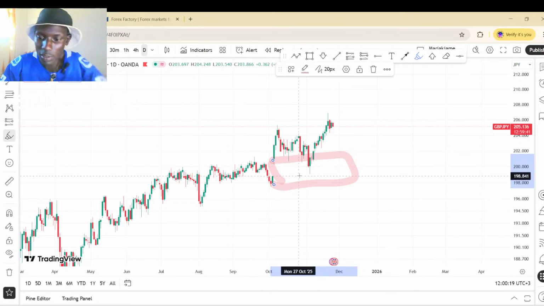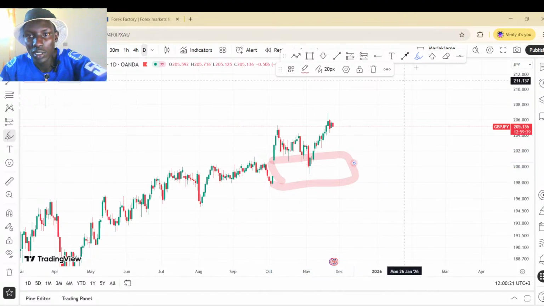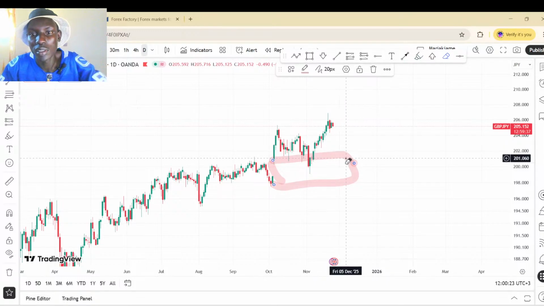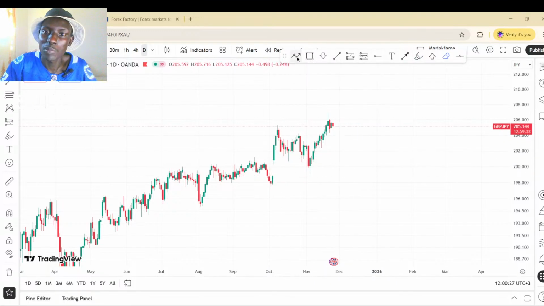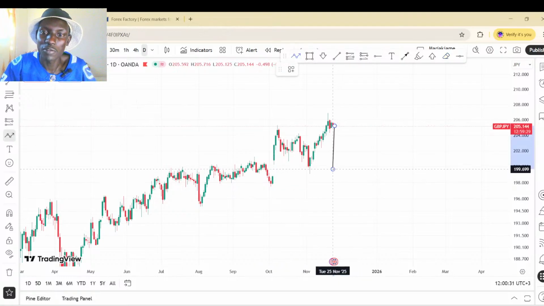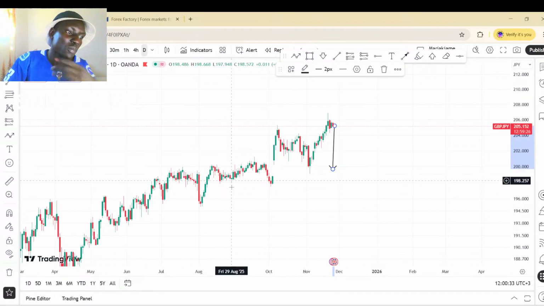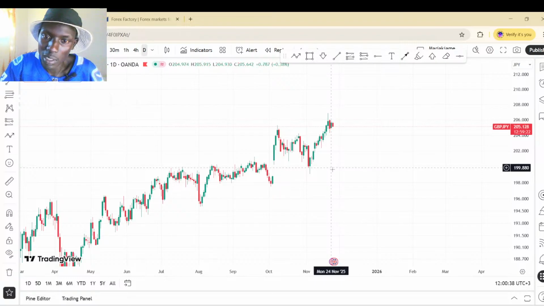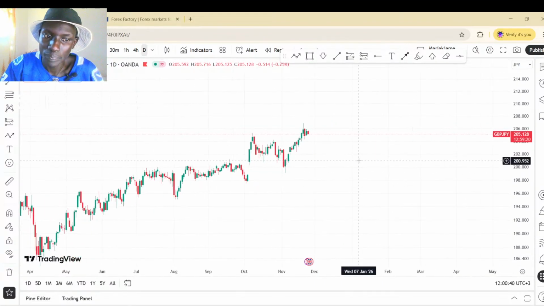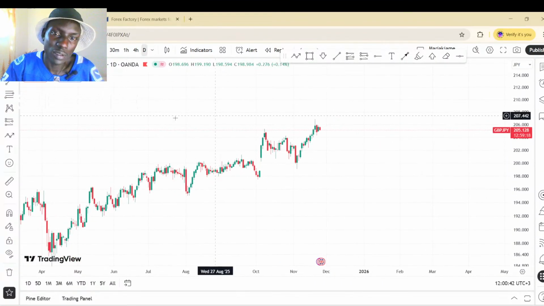So this gap here simply means it needs to be filled. By filling, I mean the market coming back at least to here. This is what it means by it filling, and then we can either move up or drop. That is what I mean by it being filled.